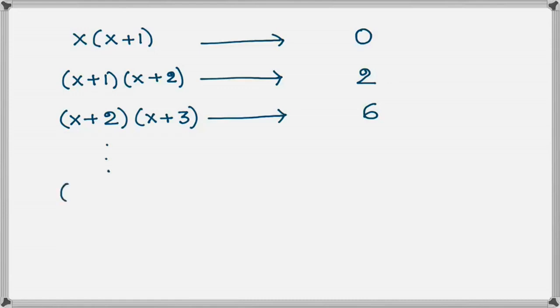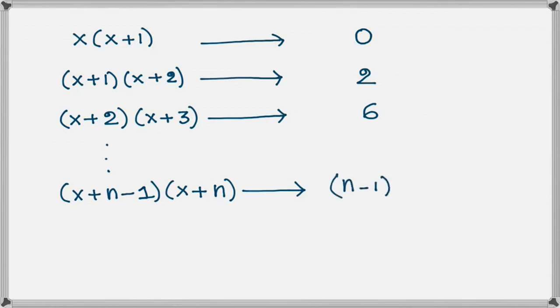Now, the last summand is x plus n minus 1 into x plus n. From here we can see that this term contributes n minus 1 into n to the constant term, and also in the right hand side we have 10n.